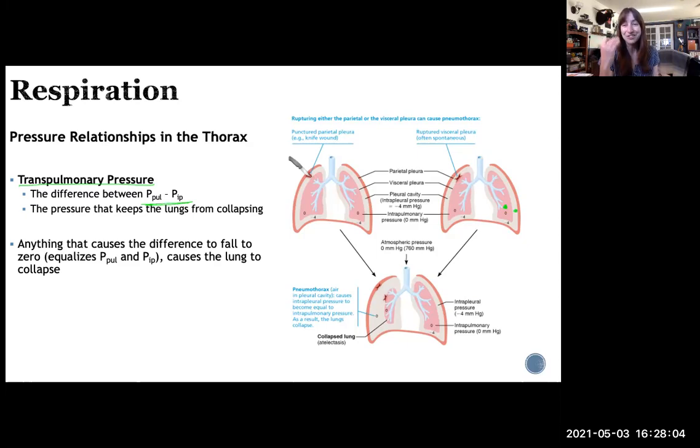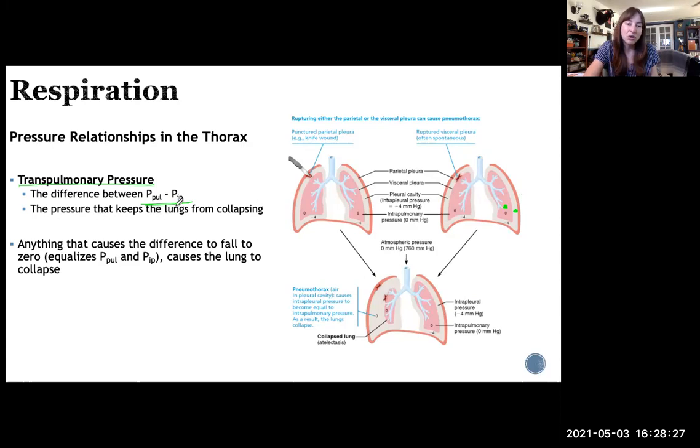That difference needs to exist. The intrapulmonary pressure inside of the lungs should be positive relative to the intrapleural pressure. The intrapleural pressure needs to be negative relative to the intrapulmonary pressure. There needs to be a relative vacuum in the pleural cavity.